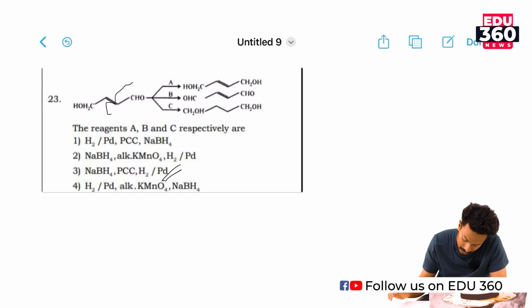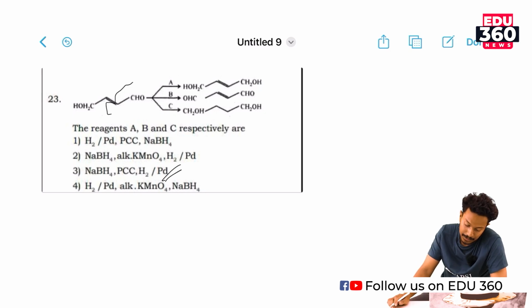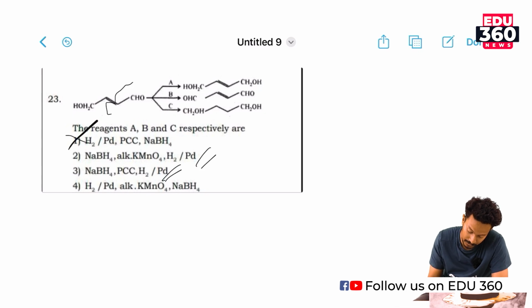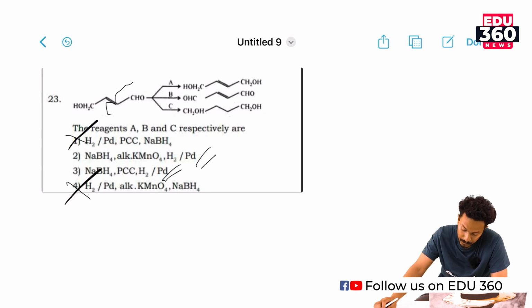Okay, question number 23, which is, yes, there are two options regarding hydrogen over palladium. Okay, we will cancel out both of them. First and fourth are removed. So aldehyde is converted to alcohol, which is nothing but oxidation.